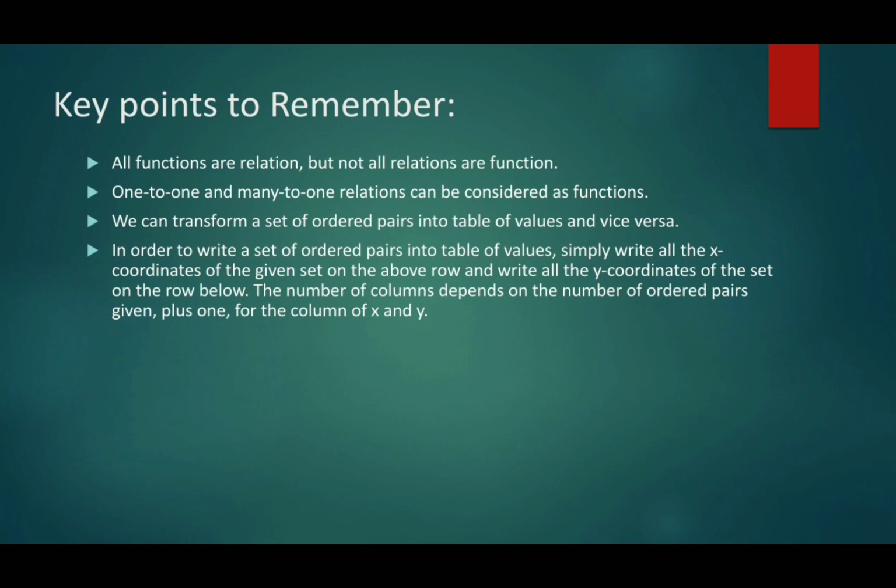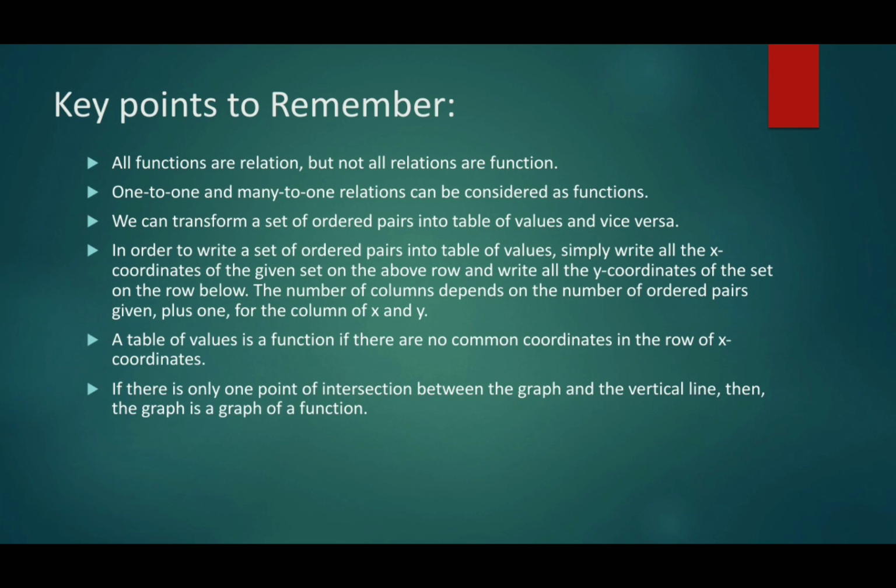So, maglalagay ka ng ilang columns. Yung column depende sa dami ng ordered pair na ilalagay mo. Kung ang ilalagay mong ordered pair ay 5 plus yung side ng x, so 6 na column yun. Then, laging 2 row. Katulad ng kanina, example. Tas sulat mo na lang. Then, next.